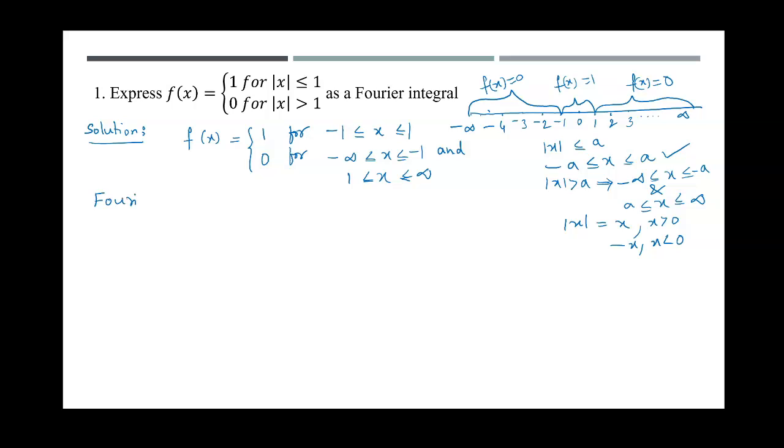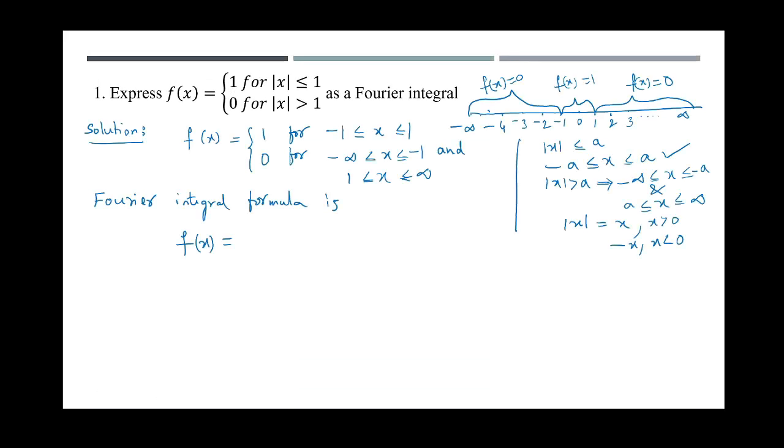So the Fourier integral formula is f of x equal to integral 0 to infinity a lambda cos lambda x plus b lambda sin lambda x d lambda. This is the Fourier integral formula.